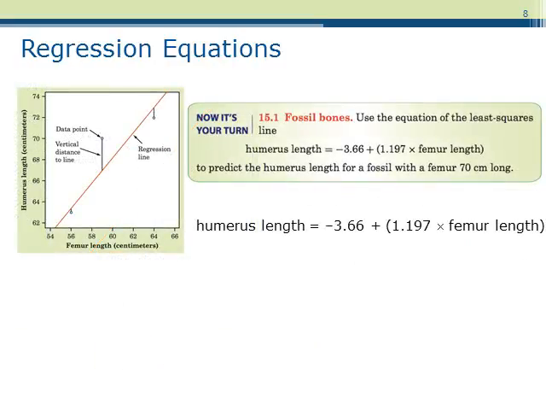Now you try one. Use the equation of the least squares regression line from the previous example to predict the humerus length for a fossil with a femur length of 70 centimeters. So pause the video and unpause when you're ready for the answer.